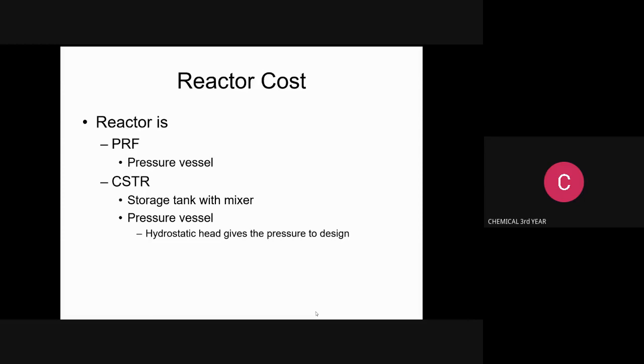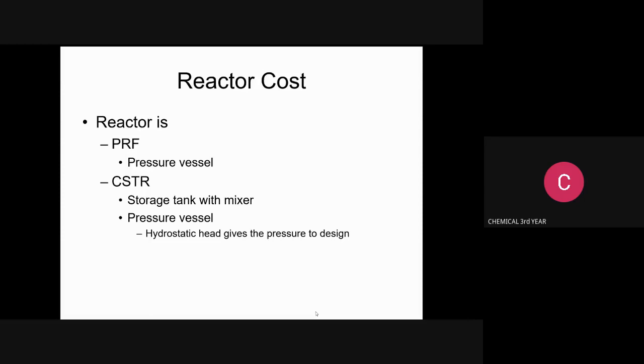We have to reduce the expenses for profits. In this reactor design, how can we reduce the expenses for the reactor cost? How does the cost cut happen?